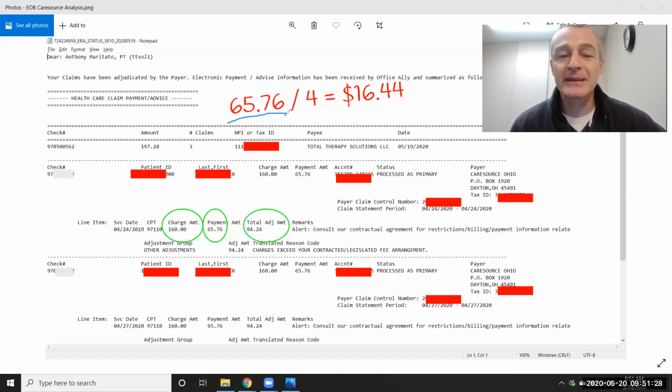But there's a couple of things here. So this could be rendered by a PT or an OT. This could also be rendered by a PTA or OTA. So if we're looking at a cost basis, a PTA or OTA is going to cost 70 to 80% of what a PT or OT would cost. So there's going to be some savings opportunity there.